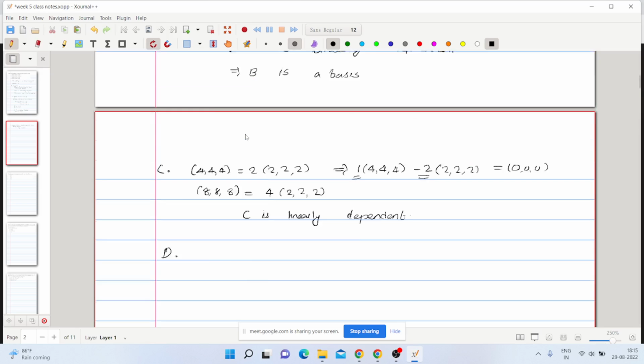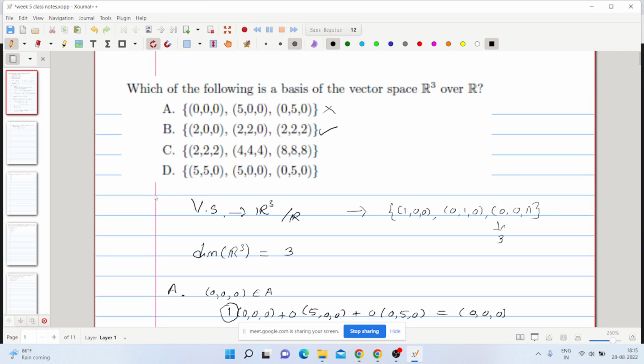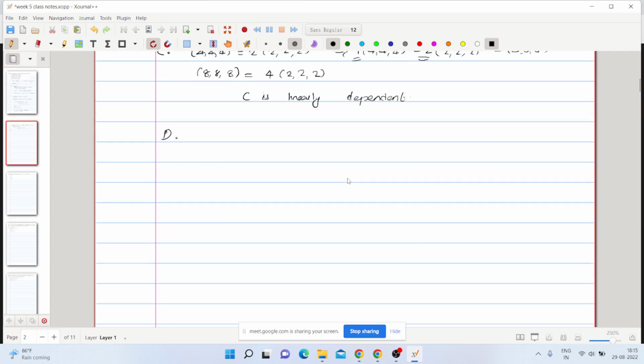Now let us see the fourth one. This is the fourth one. What do you think, D? Linearly dependent or independent? Independent. Are you sure? The determinant is not equal to 0. Okay, so let us see.